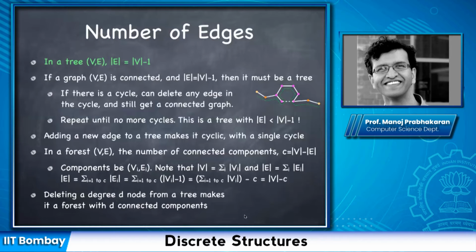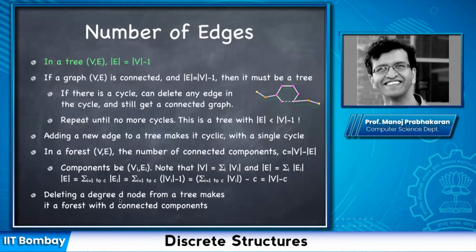If I delete a node of degree d, then this tree breaks down into a forest with d connected components. Okay, so if d was 1, then the tree remains a tree. That's what we saw. When the node is a leaf, the tree remains a tree, so it has one connected component.